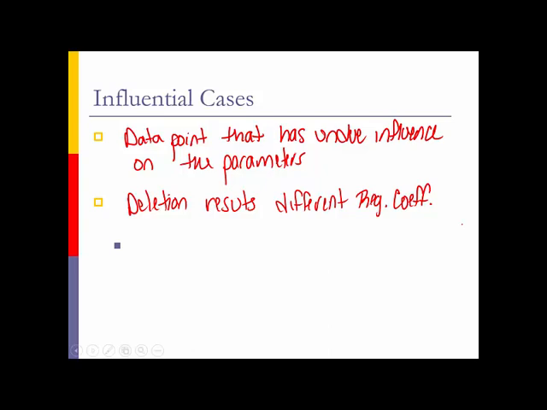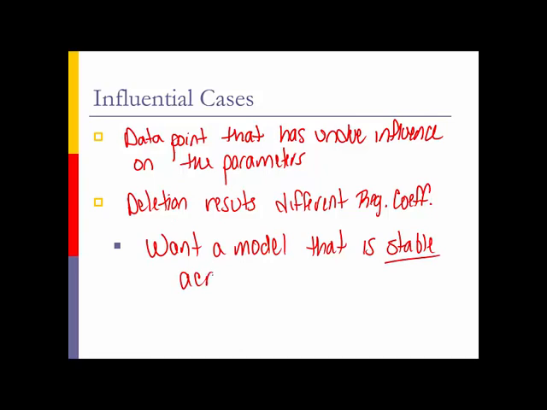Do we want one data point to change our regression coefficients? No. We want a model that is stable, right? Stable across the sample. Because we want to be able to remove one data point and have our regression coefficients not change at all, or change by only several hundredths of a decimal.